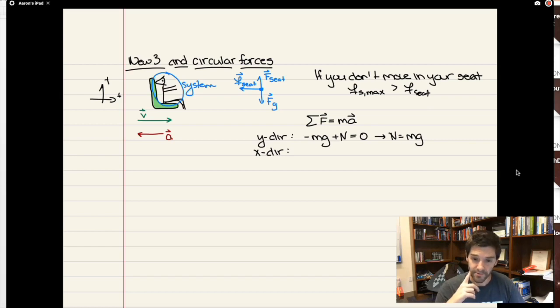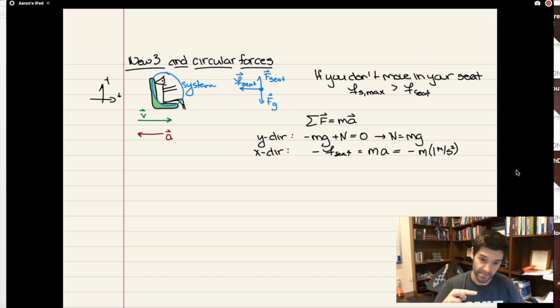In the horizontal direction, the only force that I drew in my free body diagram is the friction from the seat. So I would just say negative F seat, negative because I'm assuming it's pointing to the left, equals my mass times my acceleration, which we said is minus my mass times 1 meter per second squared.